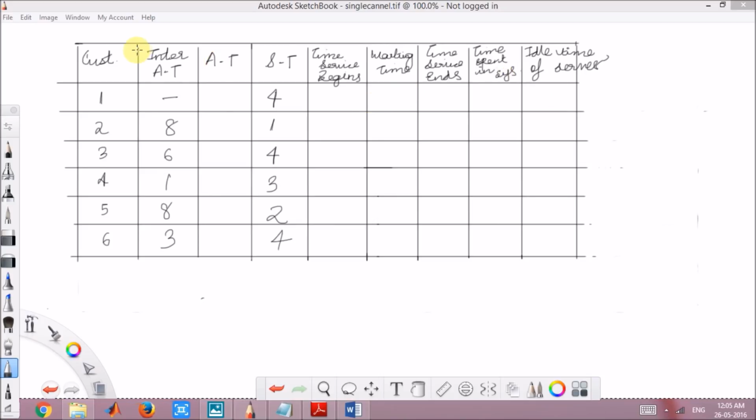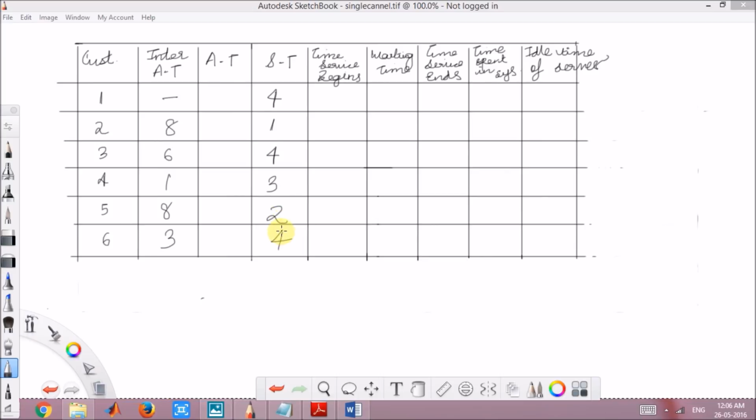If you just remember these few things, look at it as a chain of events that happen. Since it's 6 customers, we have 6 rows that tell us each customer's details. This table is got from the first table that we had calculated, the inter-arrival time, where we had the random digits and saw in which range they lie, and then finally got this. So we have this from that table, and so is this one.